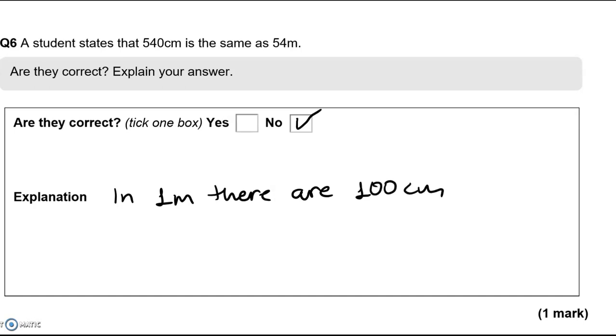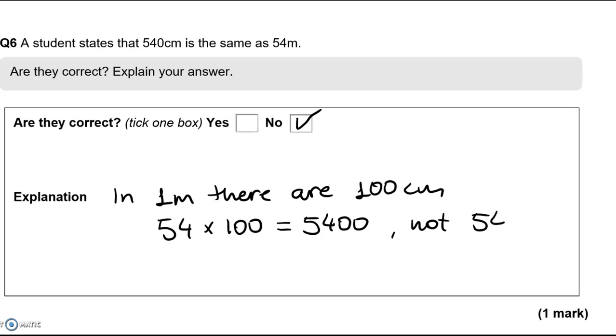So if we did 54 times 100, that would give us 5,400, not 540.